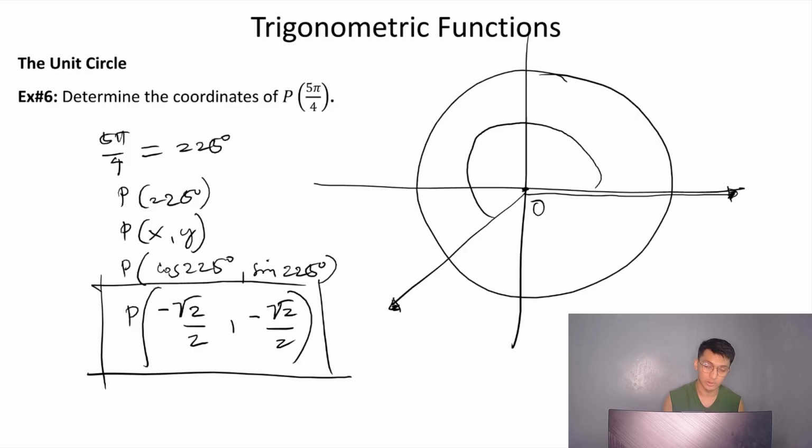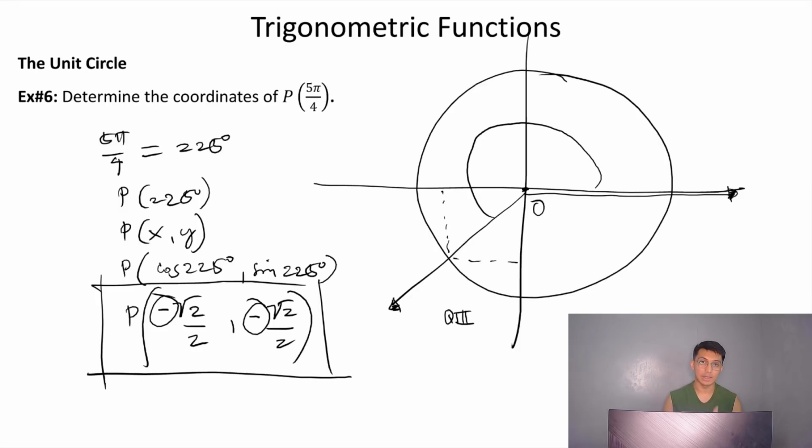So, alam na natin kung bakit parehong negative. Dahil nasa quadrant 3 po yung ating angle 225 degrees. Negative x-axis, ayan, and negative y-axis. Ayan, so, this is the answer for example number 6, determining the coordinates of the angle 5 pi over 4.